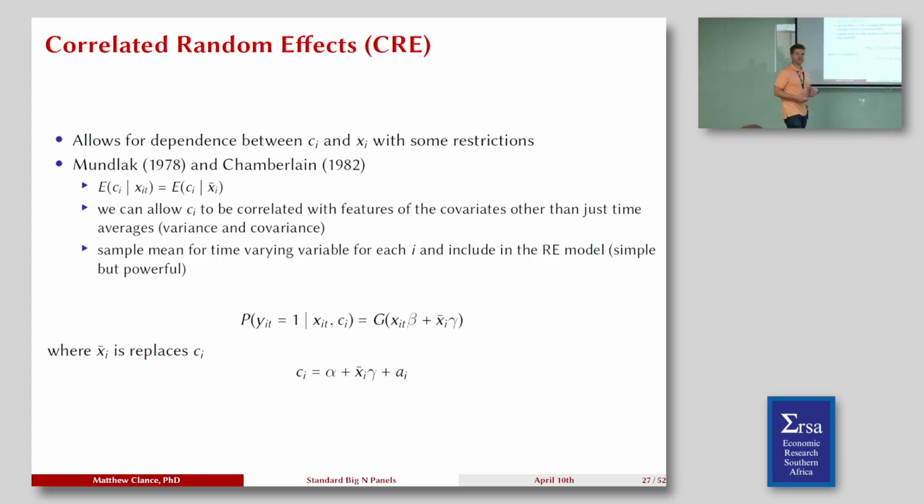correlated random effects model. Remember, the only thing we're doing here is, instead of including something that's trying to control for the c_i, now I'm adding A to it.